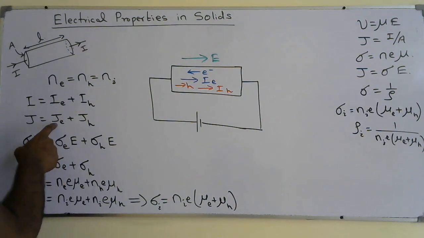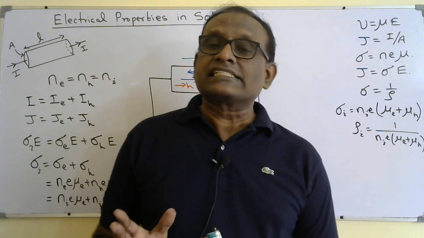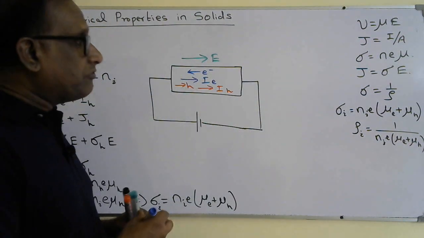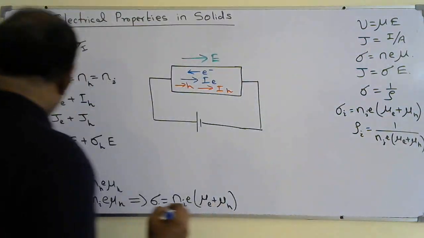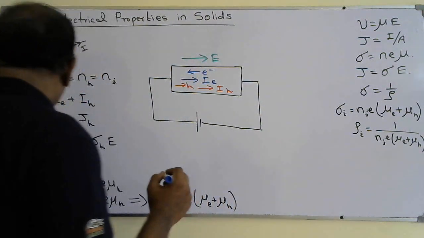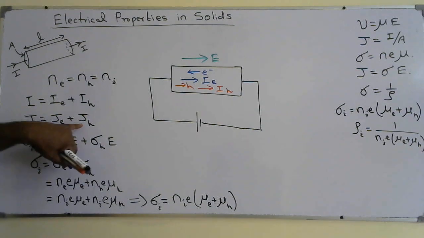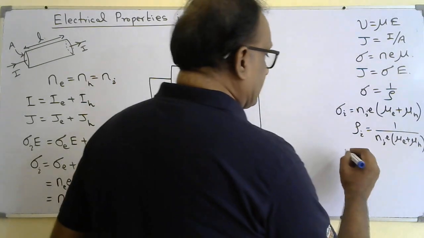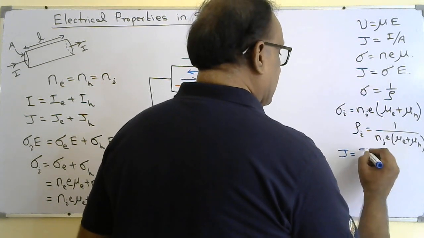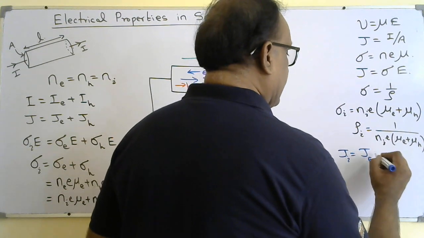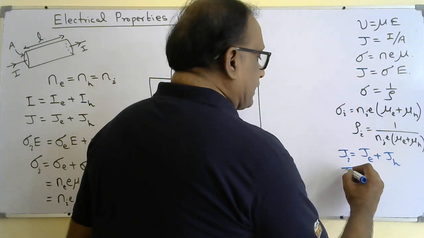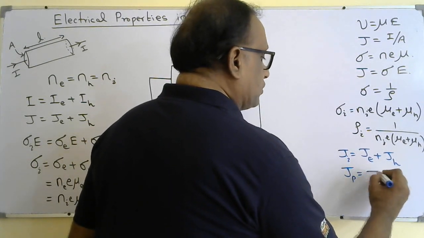The current flow due to conduction electrons will be negligible compared to the current flow due to holes. So therefore, for an extrinsic semiconductor, if it is a p-type semiconductor, Jp is equal to Jh. For an intrinsic semiconductor, Ji equals Je plus Jh, but for a p-type extrinsic semiconductor that is equal to Jh.